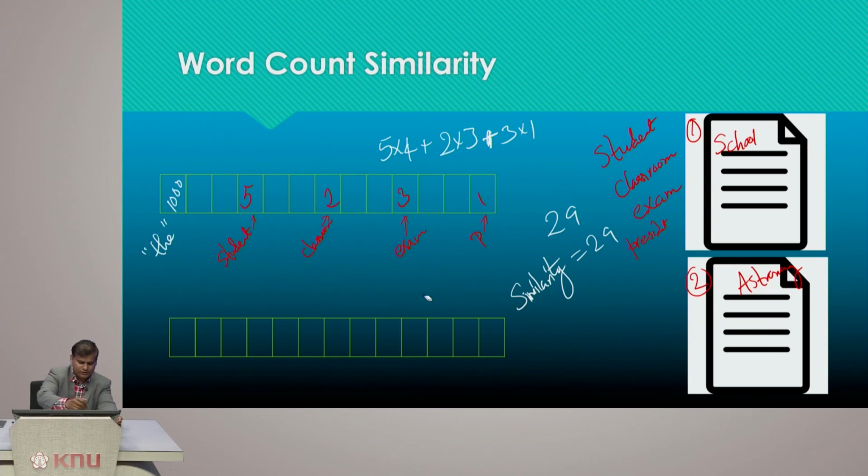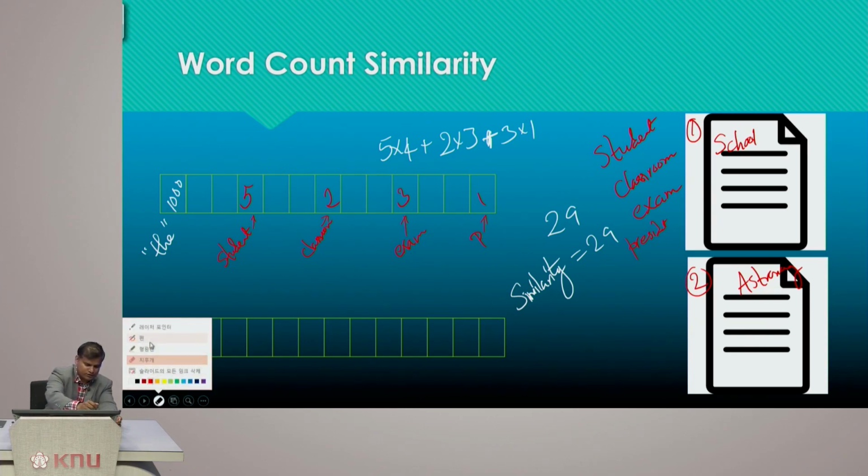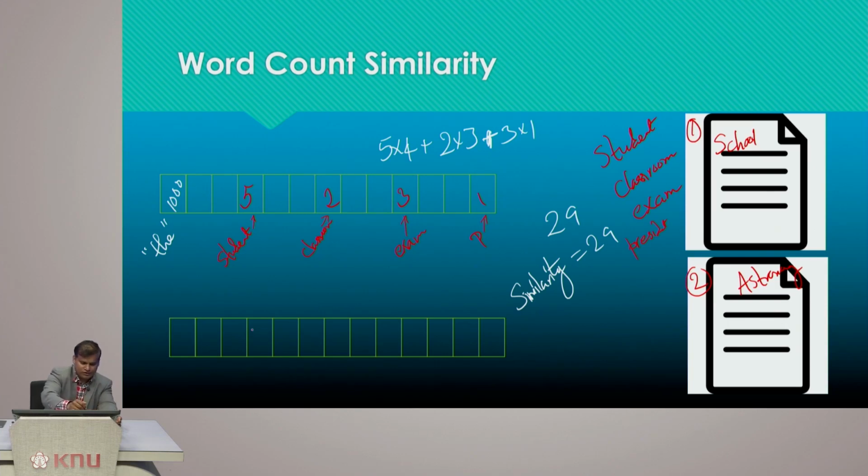Basically, things like student, classroom, exams, or president are not going to appear here, but you may have other words like space, say for example, and space may appear maybe 10 times.